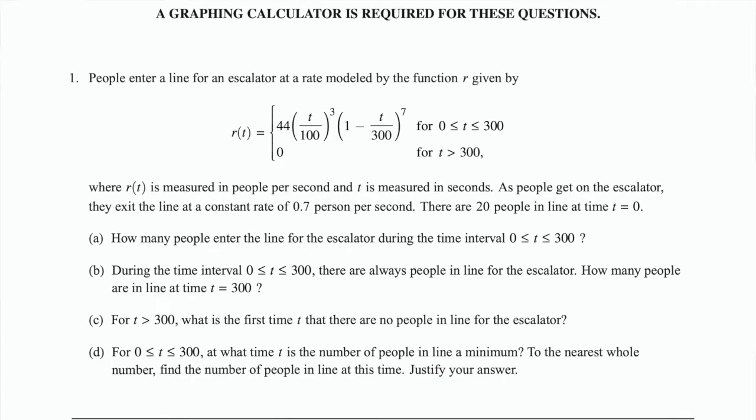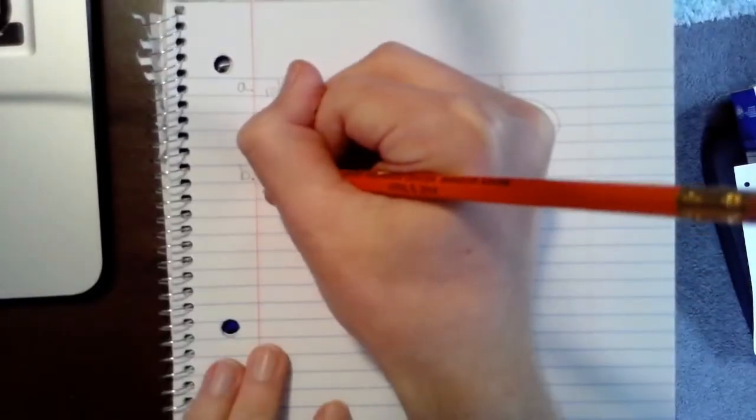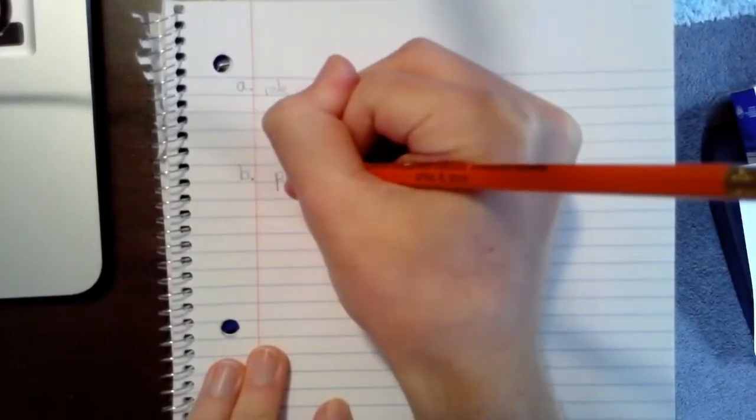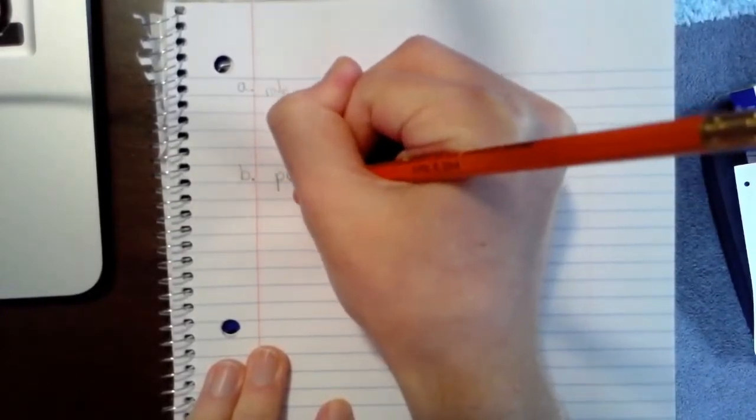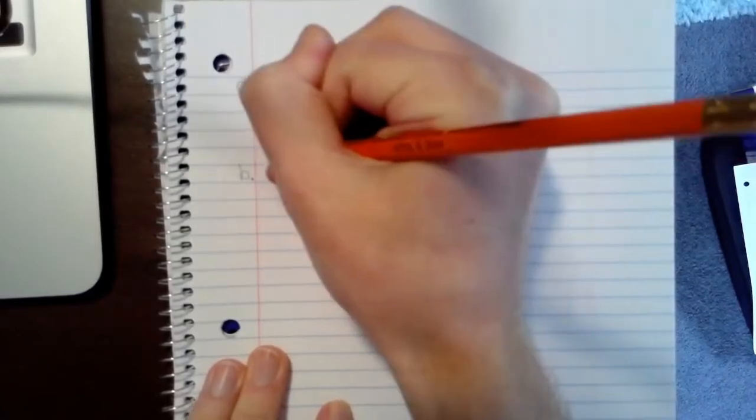Moving right along to B. During the time interval 0 to 300 seconds, there are always people in line for the escalator. How many people are in line at time t equals 300? So we're looking for the total number of people in line, which means we're going to have to use both our rate in and our rate out. I'm going to call this our population at a given time, measured in just people.